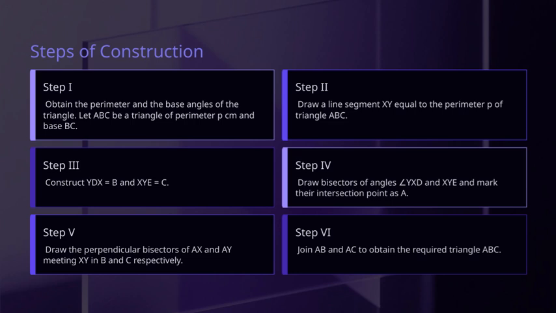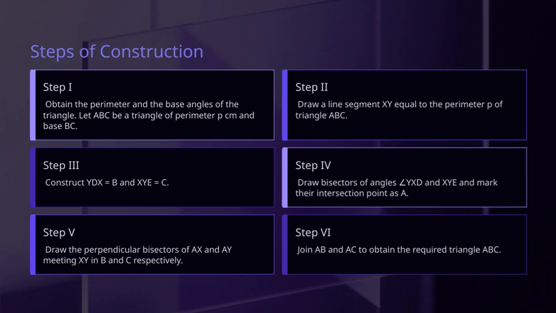Now, in step IV, we draw a line segment XY, making sure its length equals the perimeter P of triangle ABC. This segment acts as a reference for our measurements and helps us keep the proportions right. In step II, we draw the perpendicular bisectors of segments AX and AY. These bisectors meet XY at points B and C, respectively.